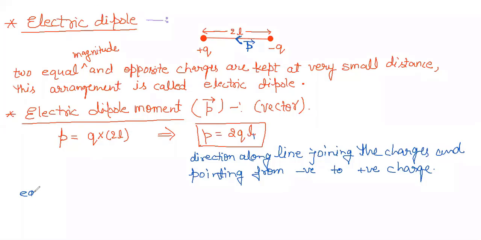There are a few examples of the electric dipole, like the HCl molecule, where H and Cl are equally charged.